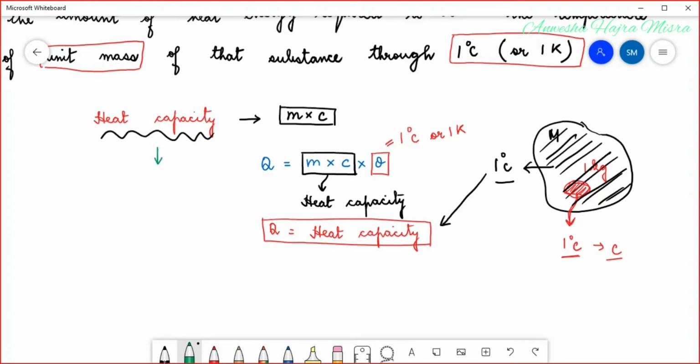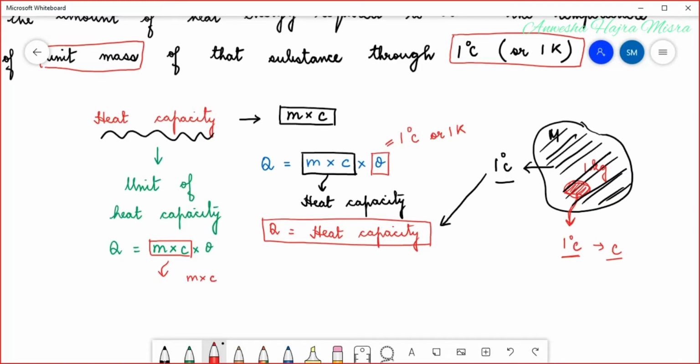Now what is the unit of heat capacity? Q equal to m into C into theta. Heat capacity is m into C. So this m into C is Q by theta.